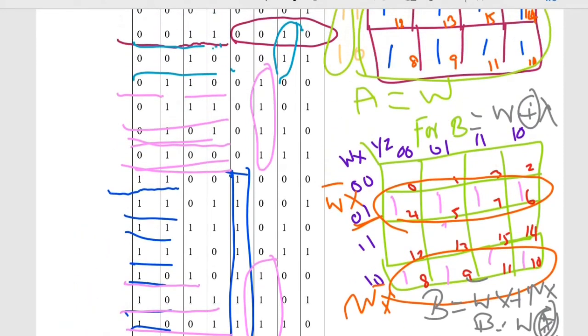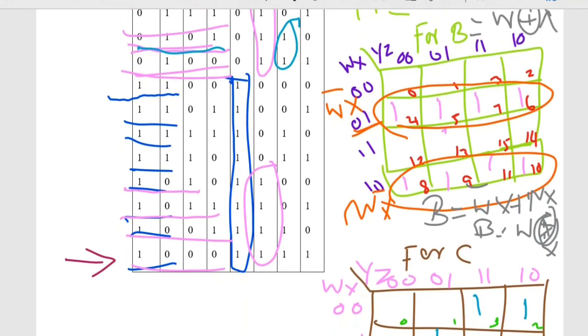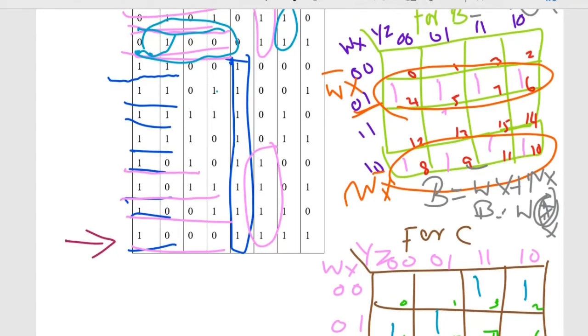The next terms are 0, 1, 0, 1, then 0, 1, 0, 0. The next terms are 1, 1, 1, 1, then 1, 1, 1, 0.